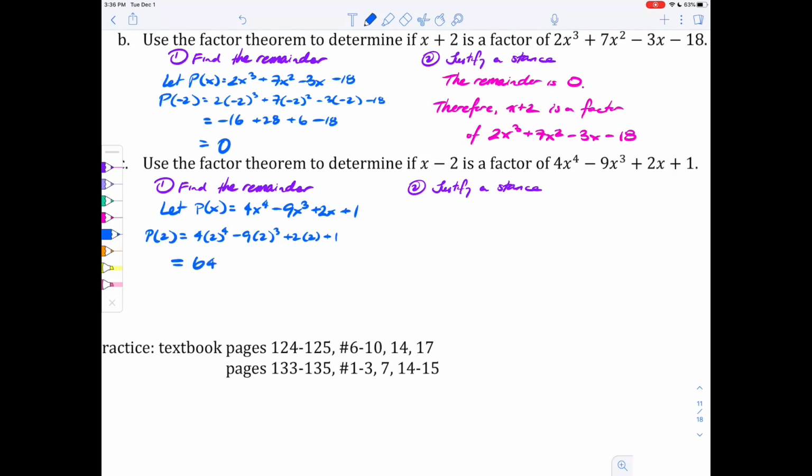I don't know what that is. 64. 8 times 9 is something. Great. Where are we at? Negative 8, negative 4, negative 3. That remainder is negative 3. That remainder is not 0.